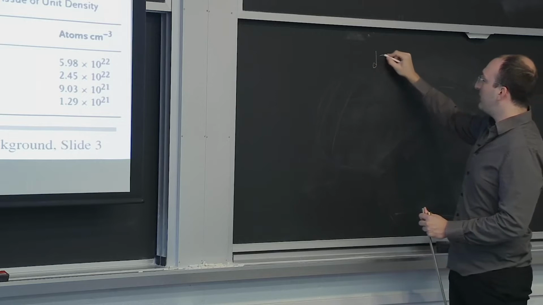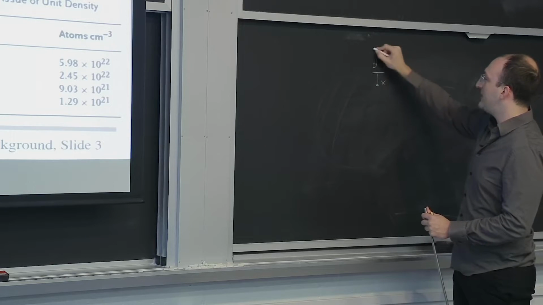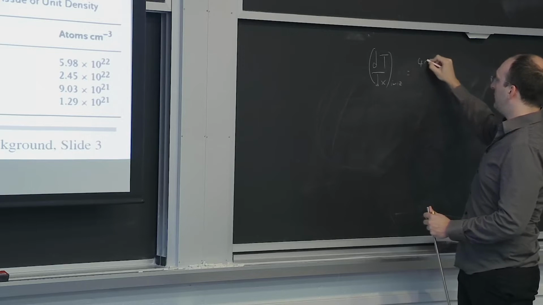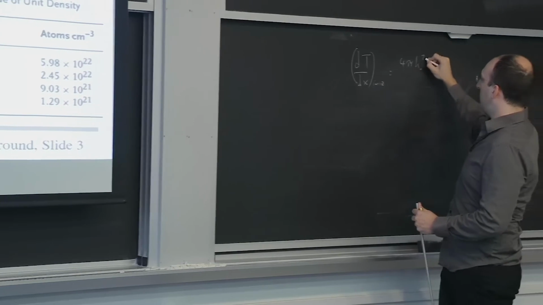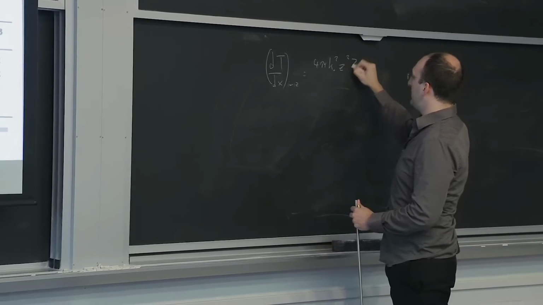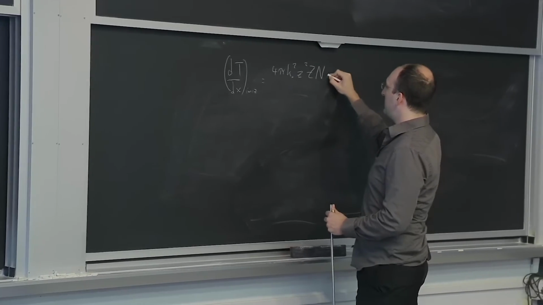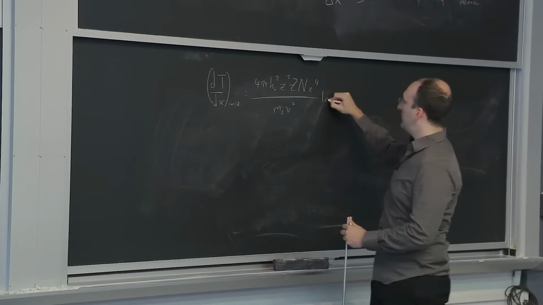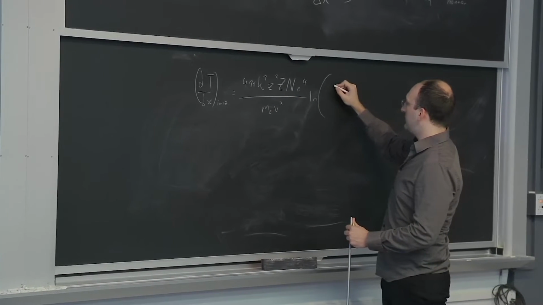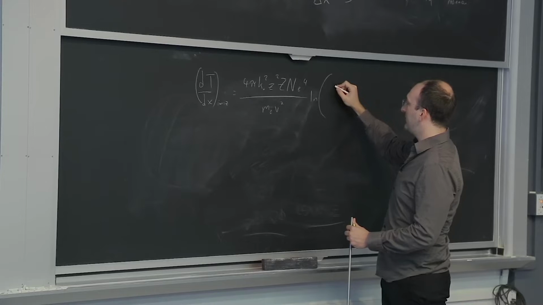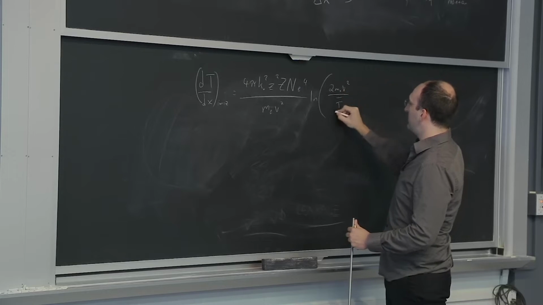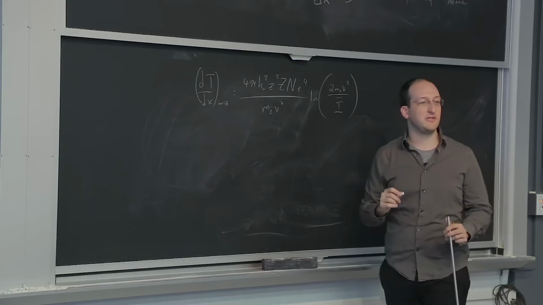And let's put up the formula for stopping power, for ionization stopping power again. Comes out with 4 pi k0 squared, little z squared, big Z, number density, e to the 4th over MEV squared, log, let's see, what goes on top again? 2 MEV squared over the mean ionization energy, the non-relativistic form.